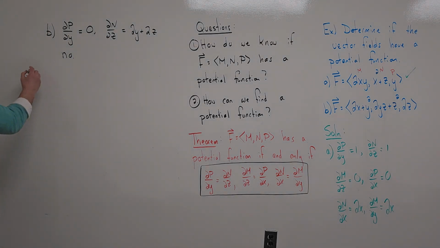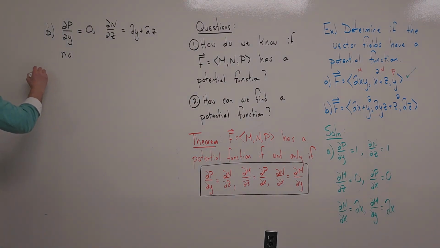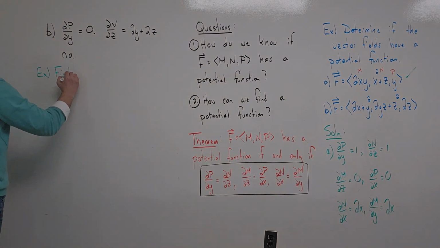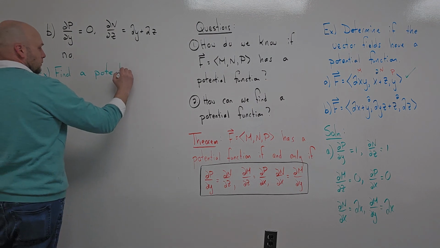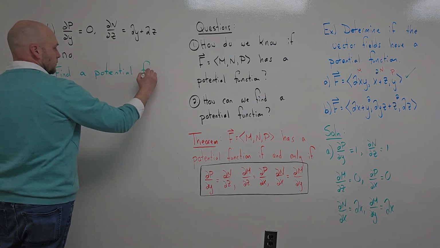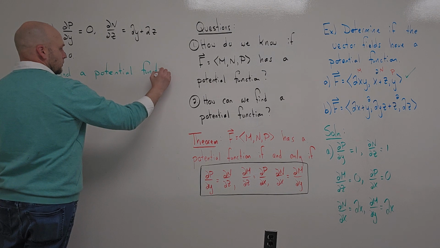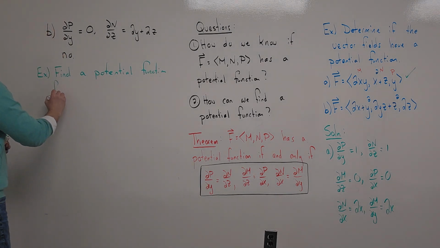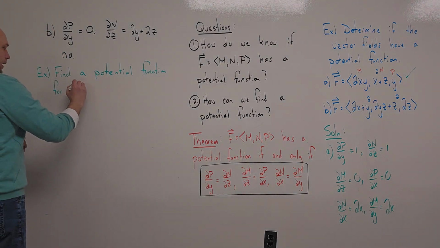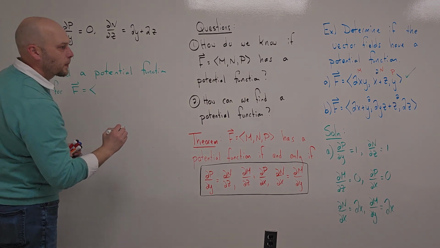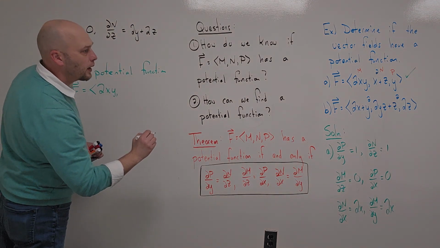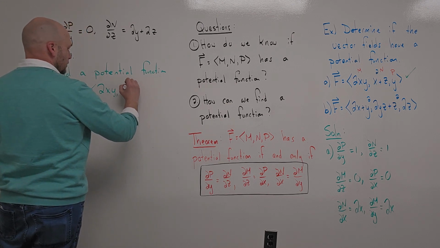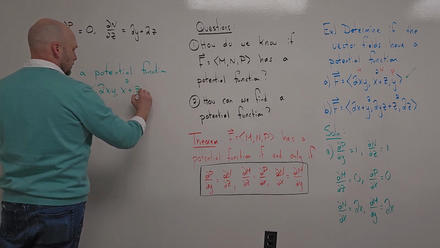So next example, find a potential function for the vector field F given by 2xy, x squared plus z, and then y.